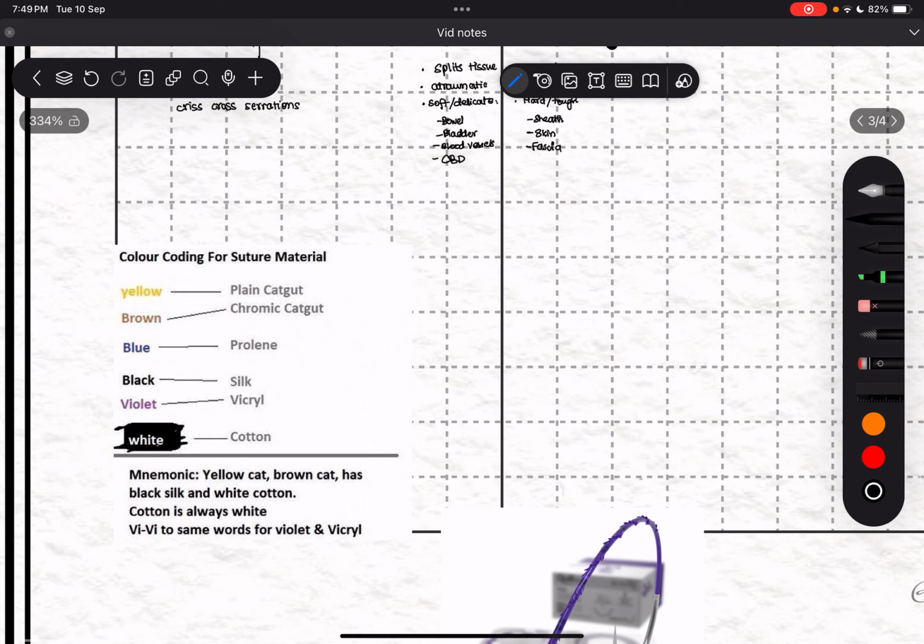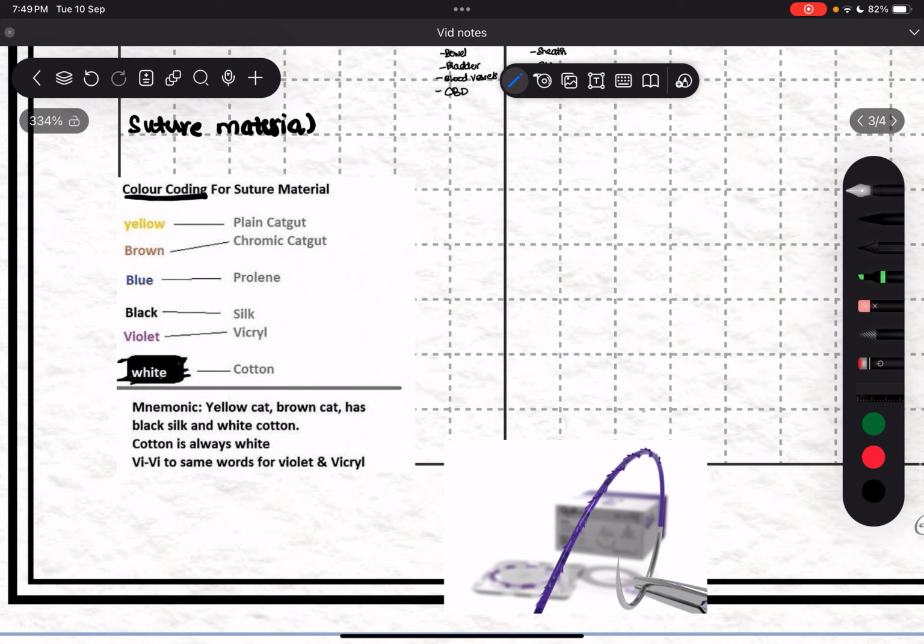This is the suture color coding and there is a suture numbering. The suture color coding is useful for differentiating what kind of suture material it is. Yellow and brown are for catgut.